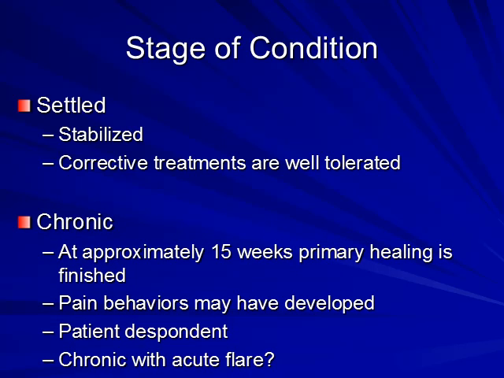All right, and chronic. Chronic is the last one, and that is a vague guideline there, but usually at about 15 weeks, which is just over 3.5 months, the patient has had all their primary healing occur. They're more likely to get pain behaviors like psychosocial implications.